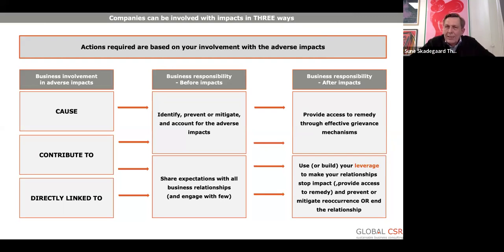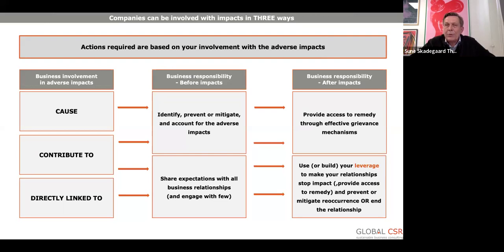But in most cases, what you're most concerned about as an investment firm is your many linkages to potential and actual adverse impacts, because all your investments in business activities create a direct linkage to the impacts that may be caused or contributed to by those entities or projects that you invest in.